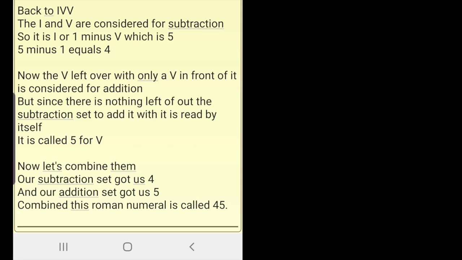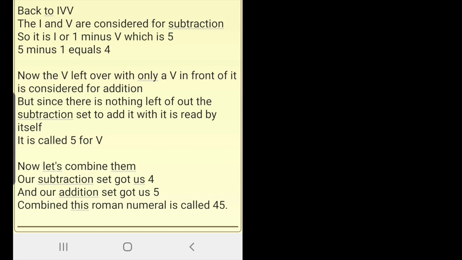So we have IVV, which is essentially, in our subtraction set, we have IV, which is 4, because we have I subtracting from the V, which is 5 minus 1, which equals 4.